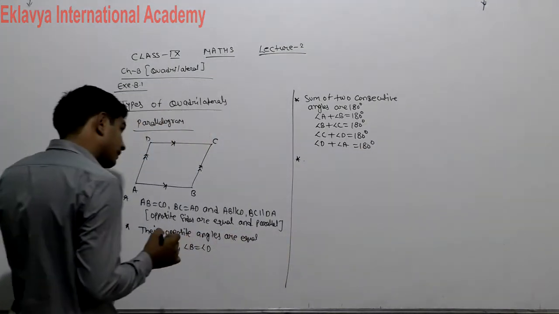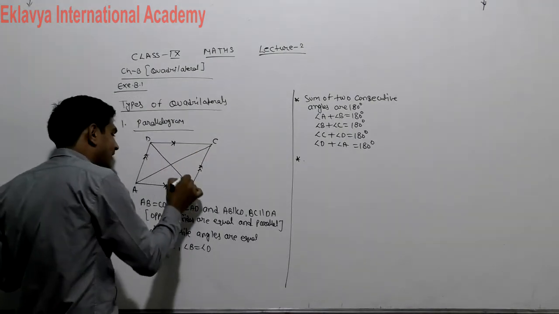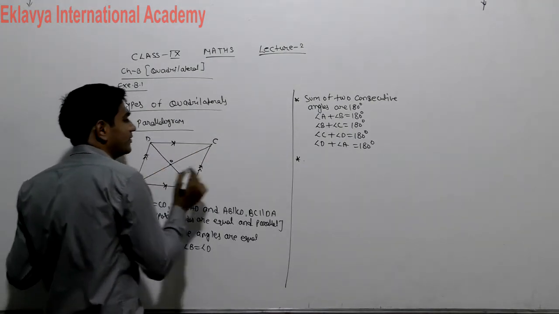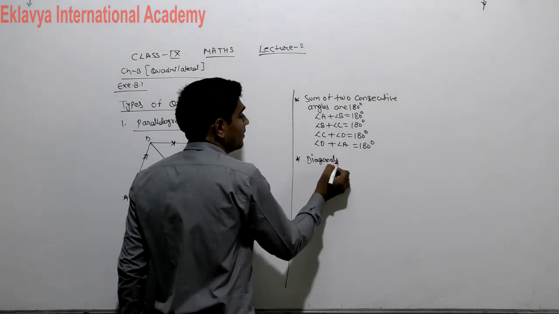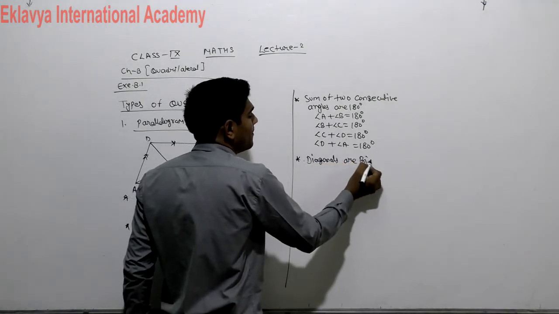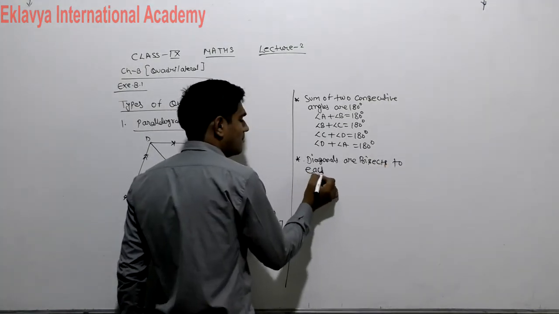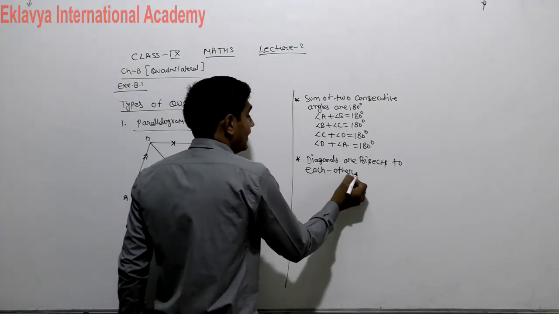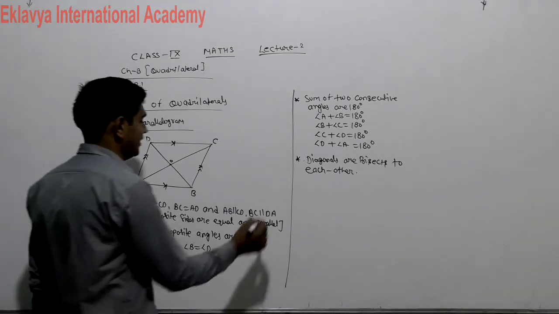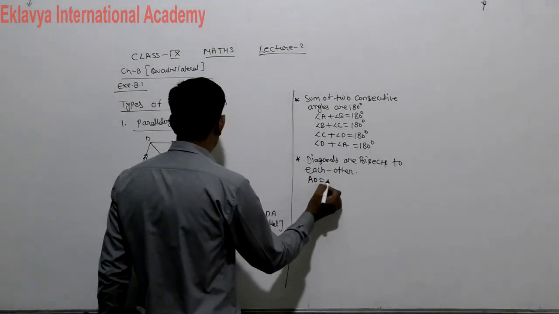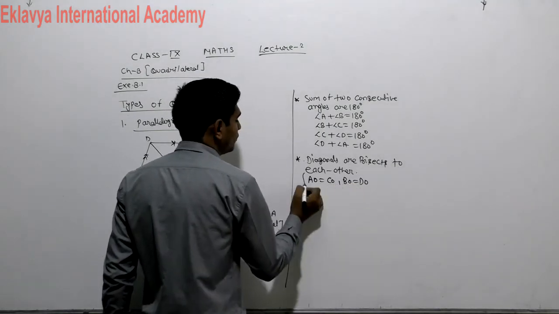Fourth property is that its diagonals bisect each other. In parallelogram, its diagonals bisect each other, meaning AO is equal to CO and BO is equal to DO.